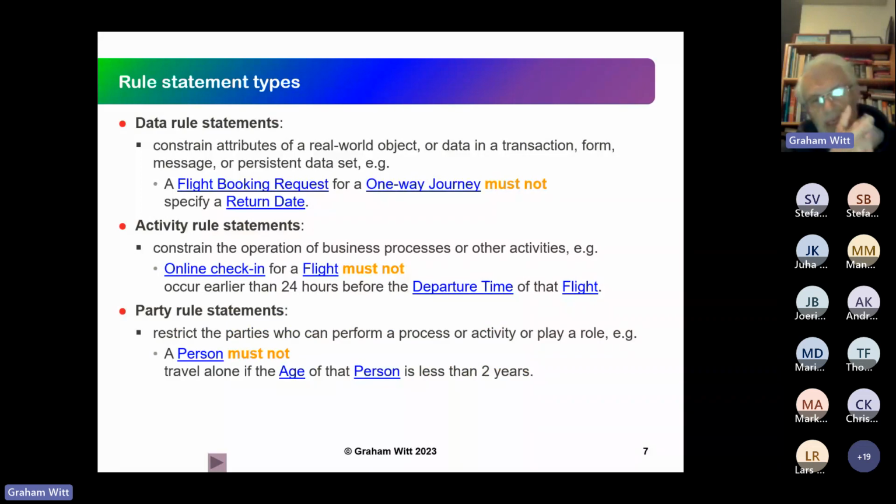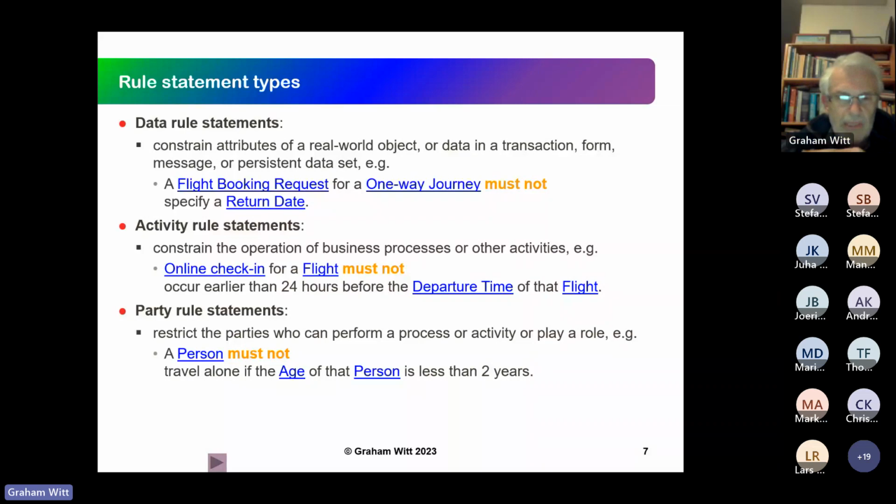And then there are party rule statements, and these restrict the parties who can perform a process or activity or play a role. And typically it's that a person can only do something in certain circumstances, or they must not do something if certain circumstances apply. So a person must not travel alone if they're less than 2 years old.